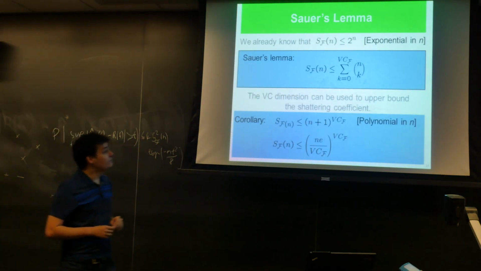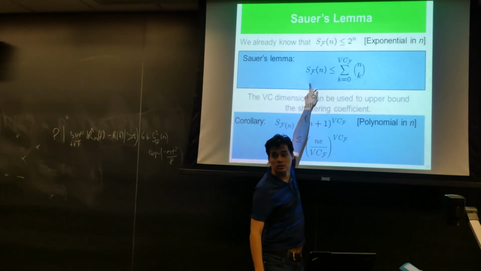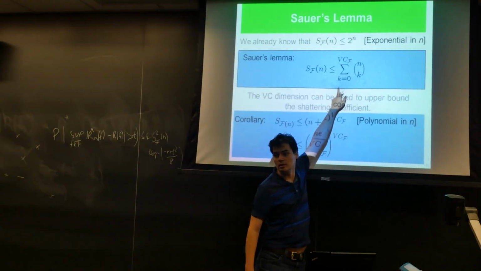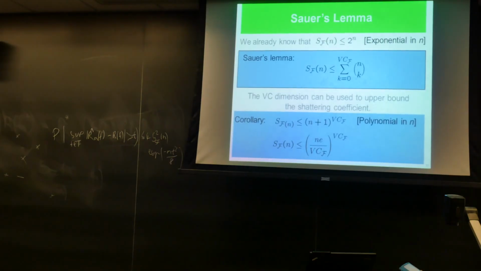All right, so there is an important lemma called Sauer's lemma, which says that this shattering coefficient S_F(n) can be upper bounded in this form: S_F(n) is not bigger than the sum over k going from 0 to the VC dimension of the function class F, of n choose k.